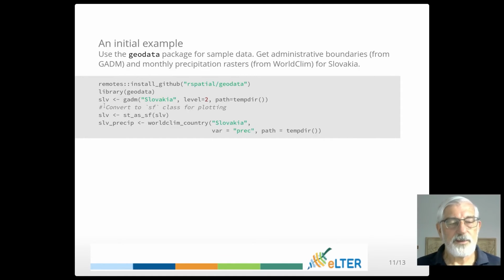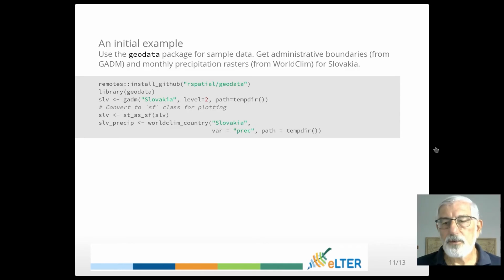Once we've acquired the boundaries of Slovakia, then we need to transform it to an sf class object. This is for plotting purposes. We'll see that in a moment. In addition, we'll download from WorldClim precipitation data. The WorldClim database, again, gives us 12 separate monthly averages of precipitation.